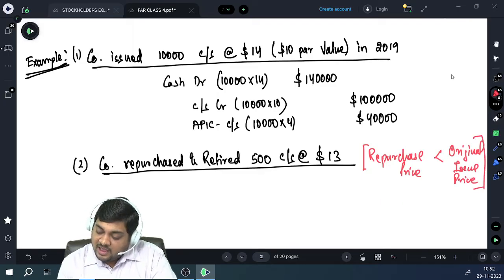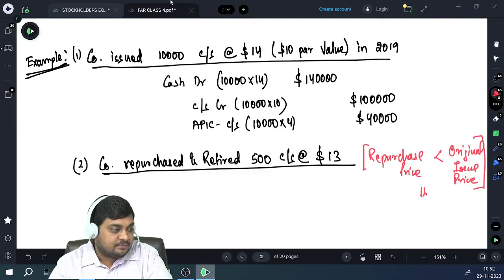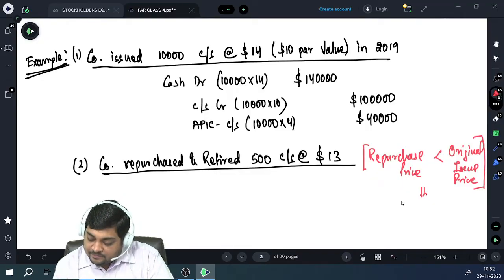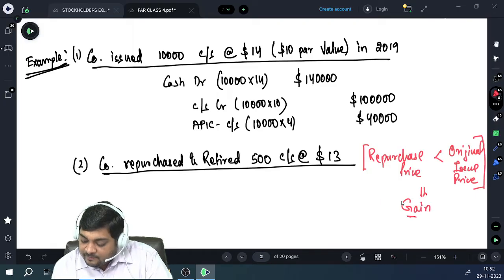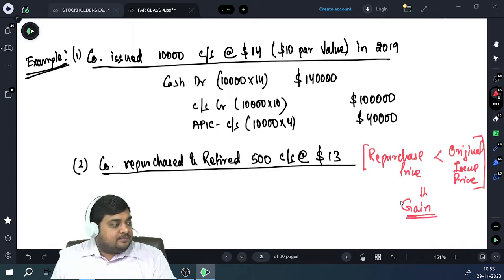So here I have a gain, right? In this case we have a gain.